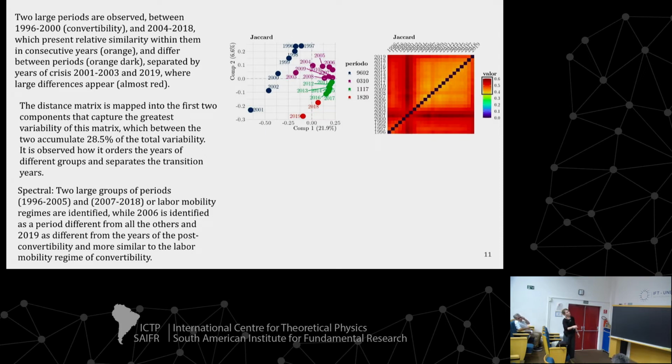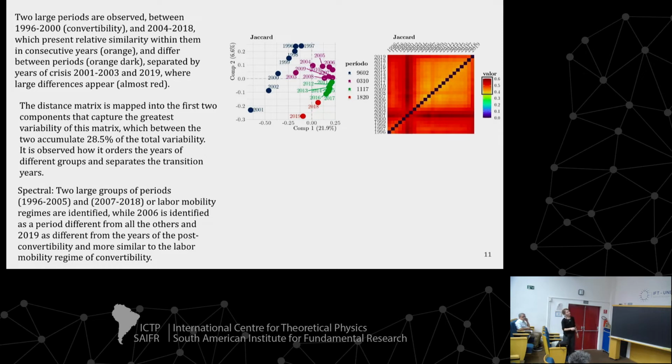So all this block also presents relative similarity in these consecutive years, yes? But they are different from those periods that are here, yes? For example, this is the crisis, so 2001 to 2003, and this is another different year, 2019. And that's why there appear differences. So they are with a different color. When it's much more red, the distances are much more different.